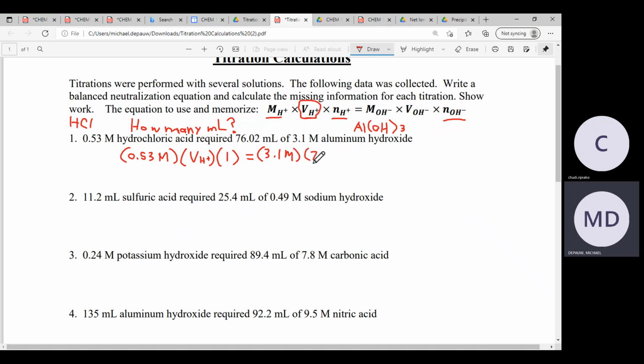The volume is the 76.02 milliliters. And the number of hydroxides in aluminum hydroxide is how many? 3. So then all you have to do is solve for the volume of the acid by dividing both sides by 0.53 and 1. And that will give you your volume of the acid.